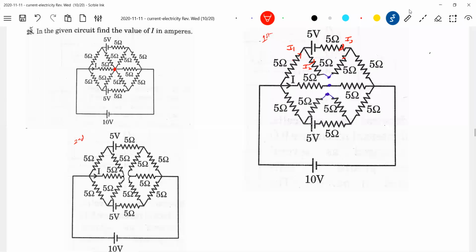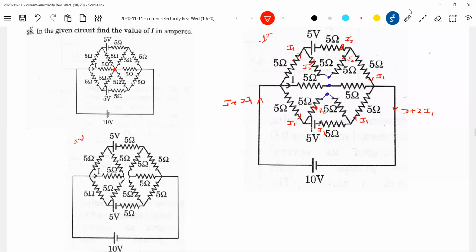The same I2 will come here. I2, I3 will combine and become I1. Similarly here also, I1, I2 combine and this will become I1. And how much current is entering here? I plus 2I1. That much current it will leave.